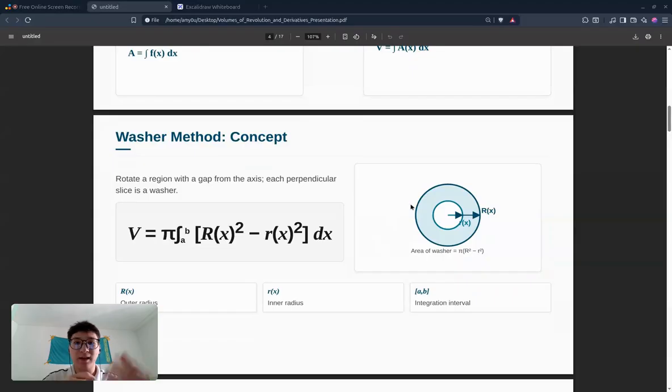But if there is a gap, what do we mean by the gap? It means that there is a smaller inner radius and an outer radius, as you can see on this diagram. This shape is called a ring or a washer, just like the metal washers that we screw.